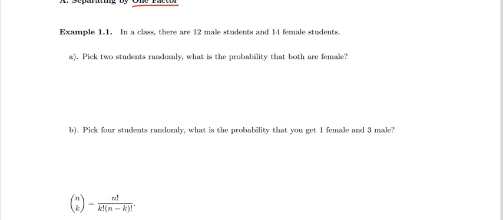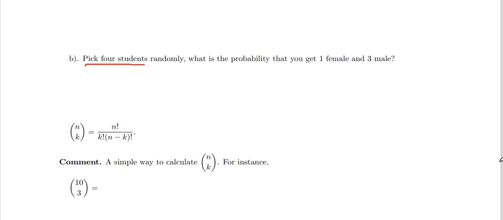If we pick one or two, such a problem is very easy. But if we pick many, like pick four or pick five, then we need to use this notation. We call this the combinatorial coefficient. From n, pick k, how many ways?